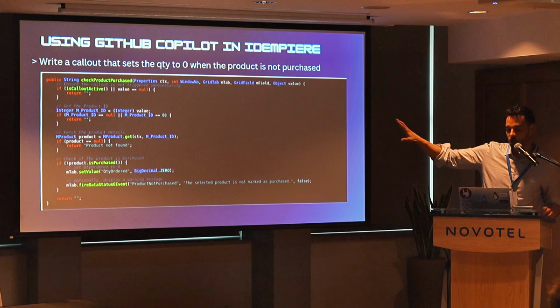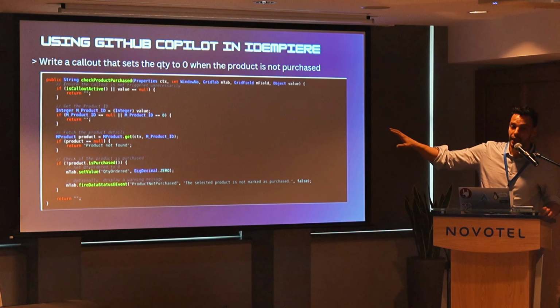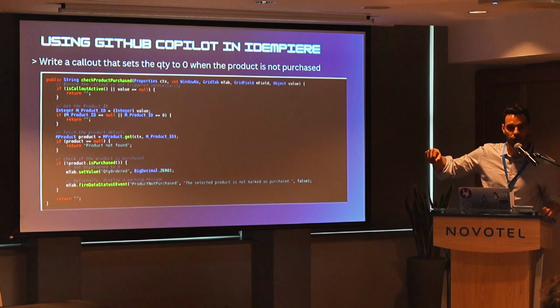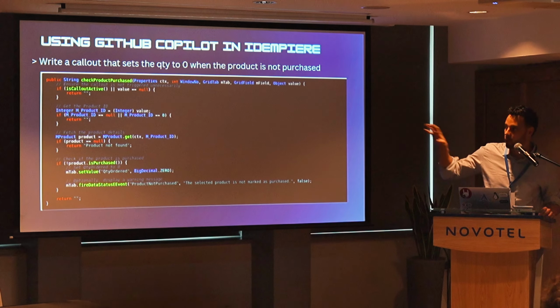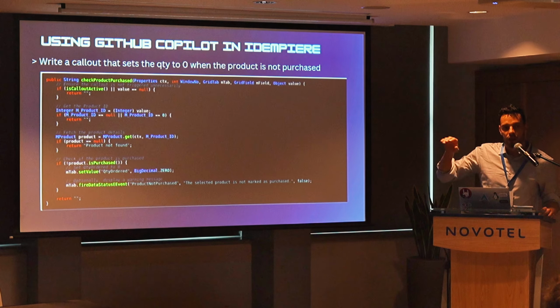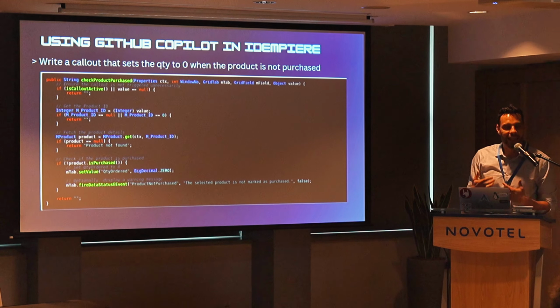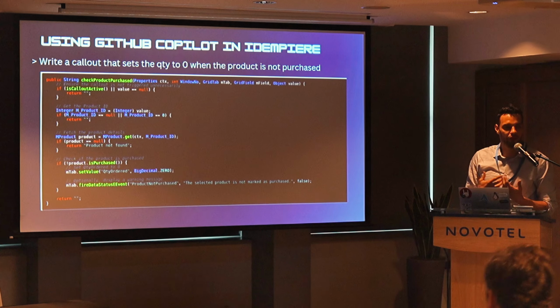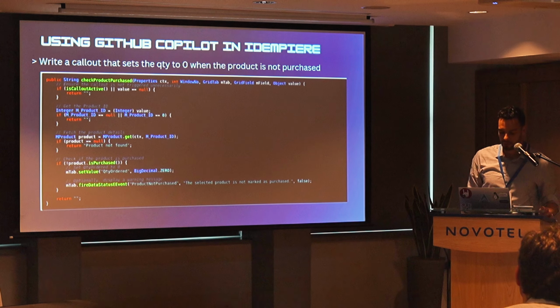But if you check, the code is actually quite good. And this is something that takes a lot of time to learn to do in iDempiere. When a new guy coming to the project just asks Copilot, and the code is already there, this can ease the development and the contribution pain.